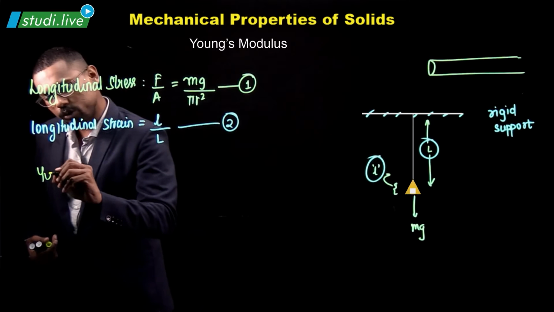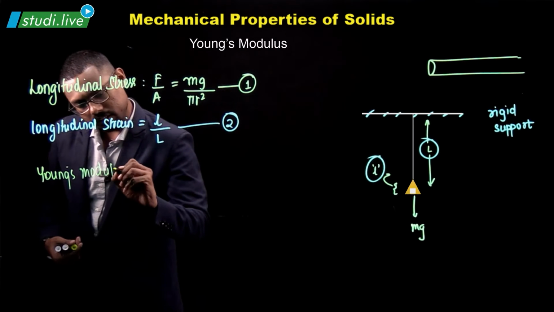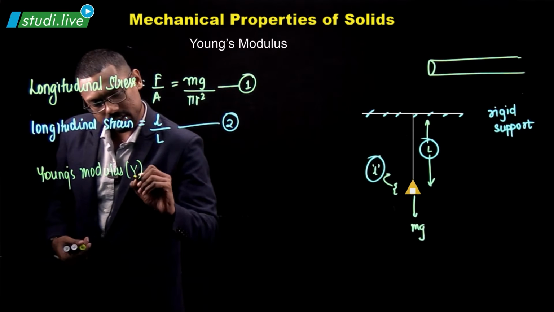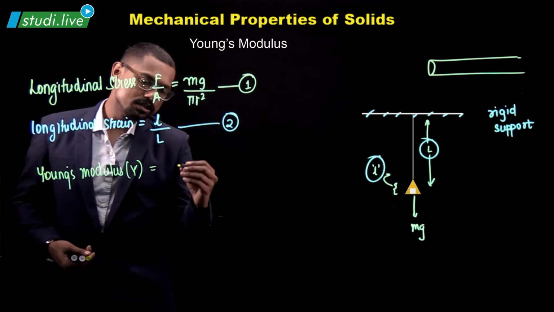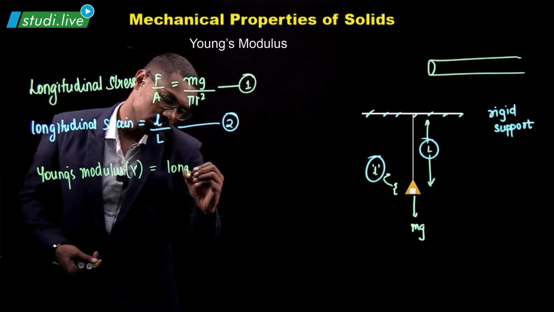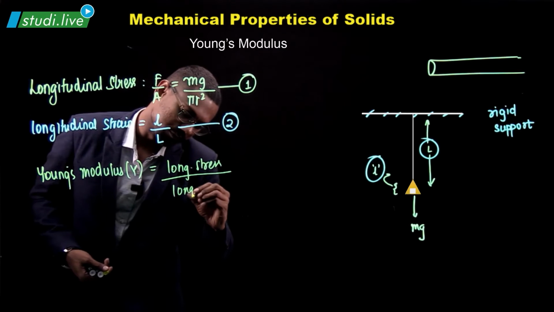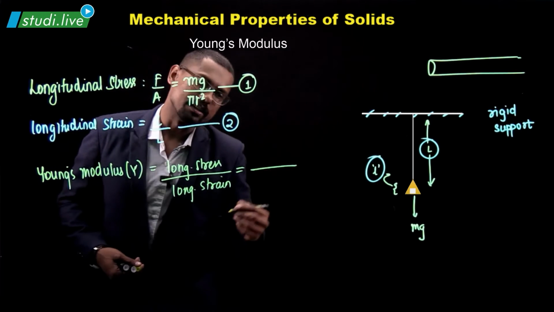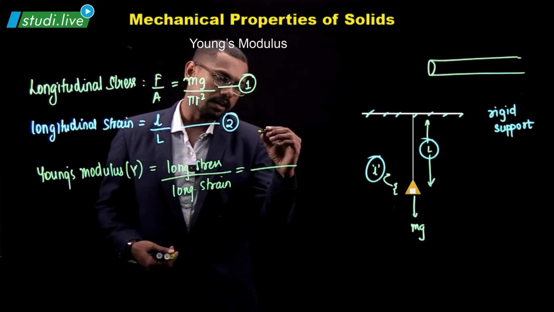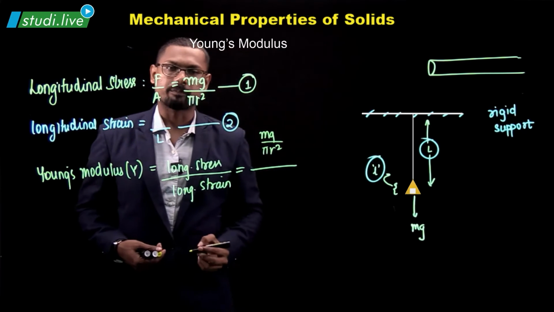Therefore, if I ever want to calculate the value for Young's modulus, let's just write it as eta or Y, it is basically longitudinal stress divided by longitudinal strain. Longitudinal stress is mg divided by pi r square.